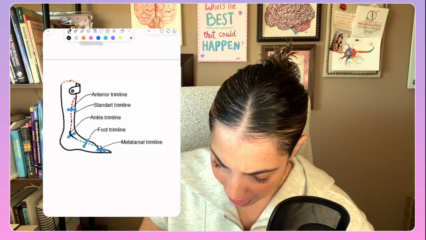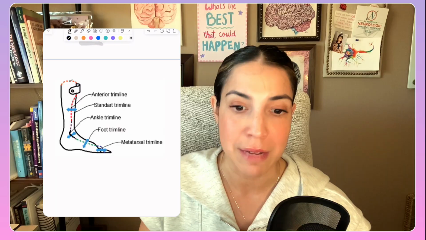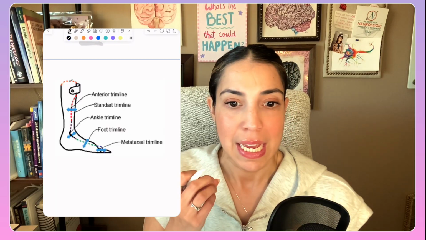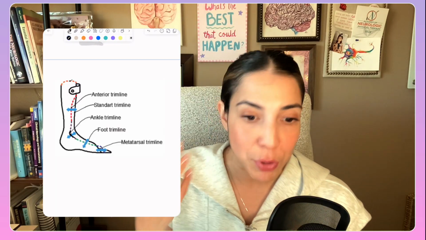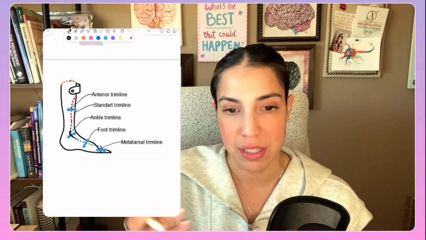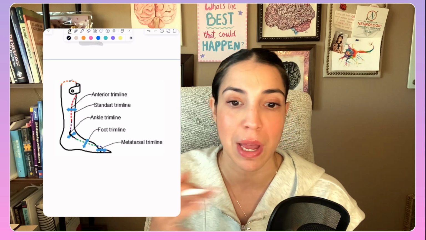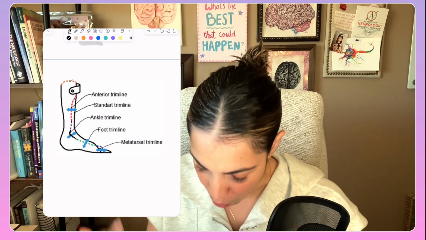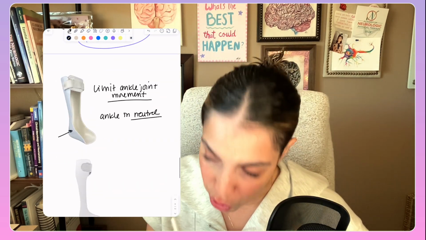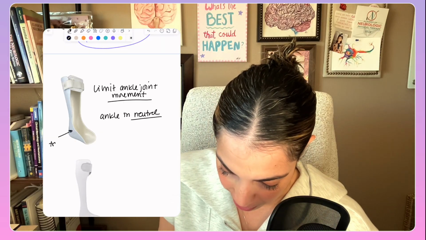If they don't need that and their ankle stability is improving, then you can put the trim line more posterior. So more posterior trim lines reduce that support. That's one thing you need to know: these are the trim lines.